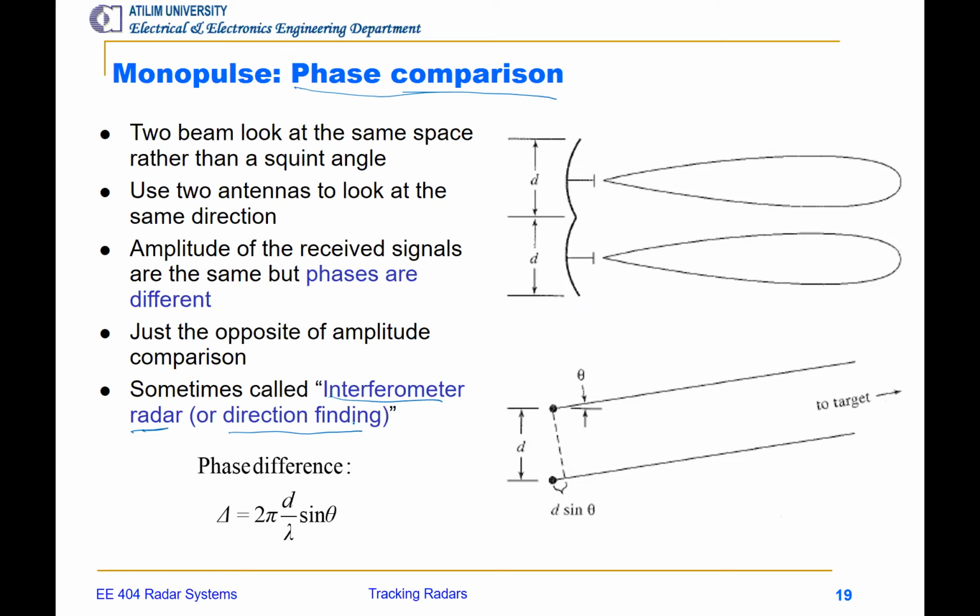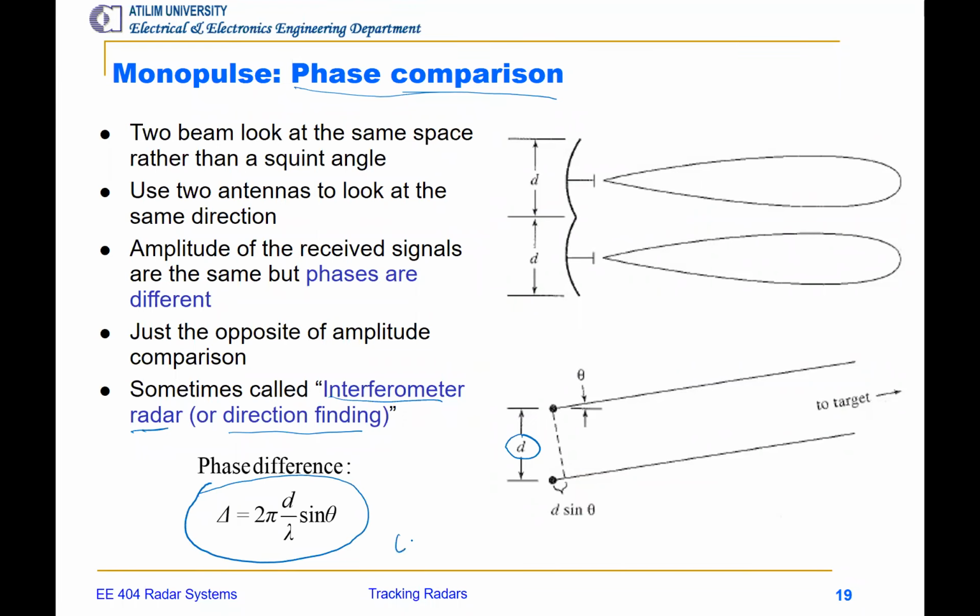It's based on the idea that if we use two antennas separated by d, and if I know the wavelength of the signal, then the direction of the echo signal from the target can be calculated using this formula.